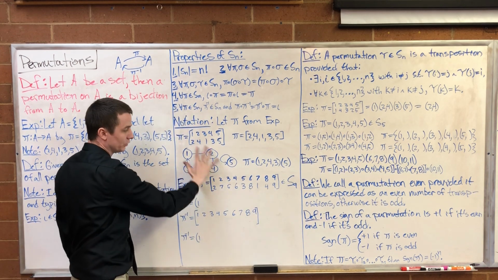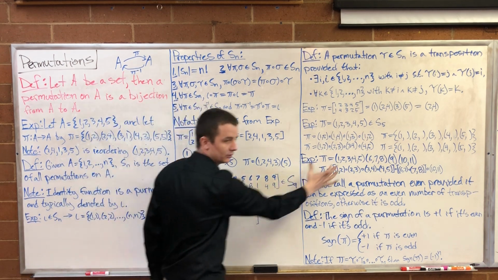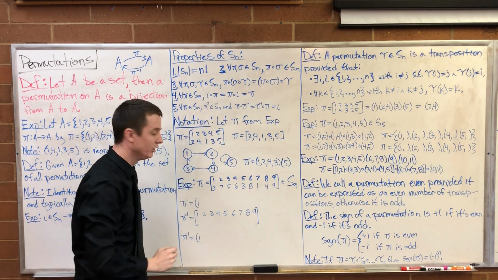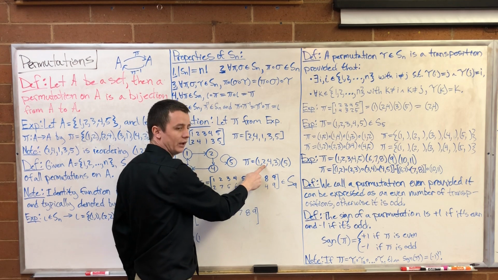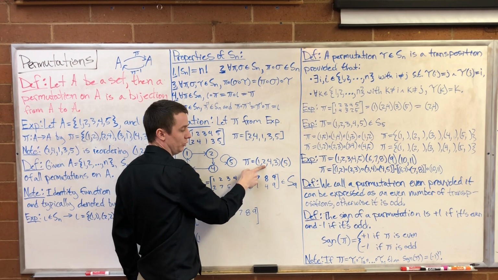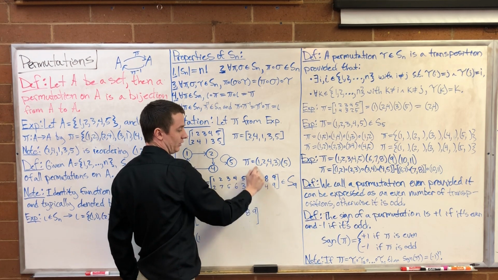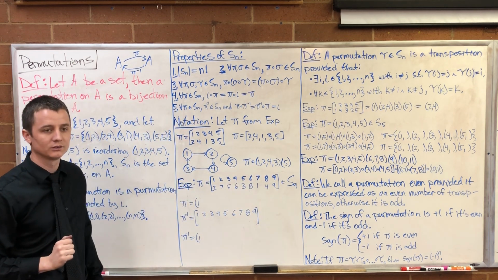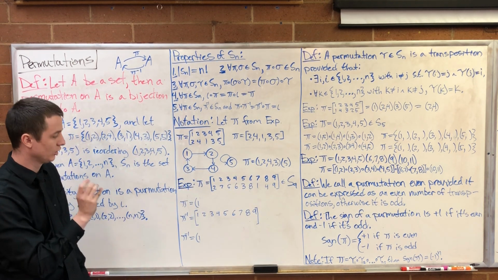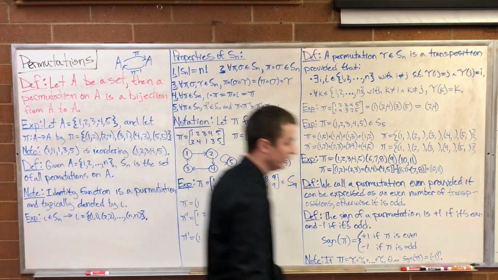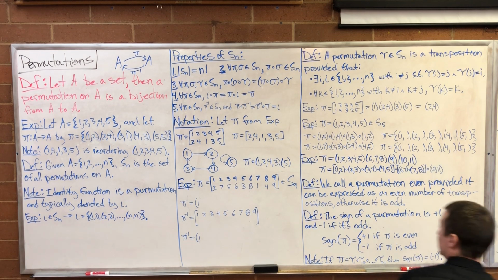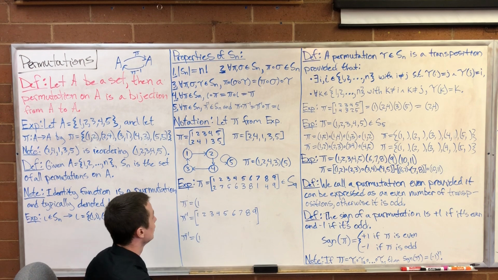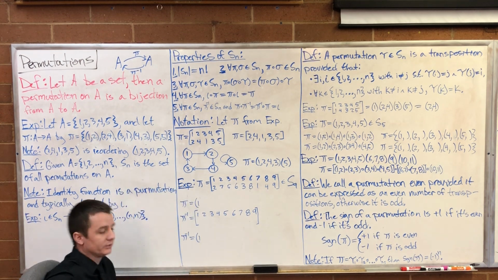If I had 7 cycles in this function, I would have 7 sets of parentheses representing each of those cycles, where an element always goes to whatever's to the right of it, unless it's at the end of a cycle and you come back around. Make sense? Okay, that's called cyclic notation. And we're going to use it all the time. It's a very convenient way to write functions, or permutations, and that's the one we're going to use the most, not these other ways. So let's get comfortable writing cyclic notation.